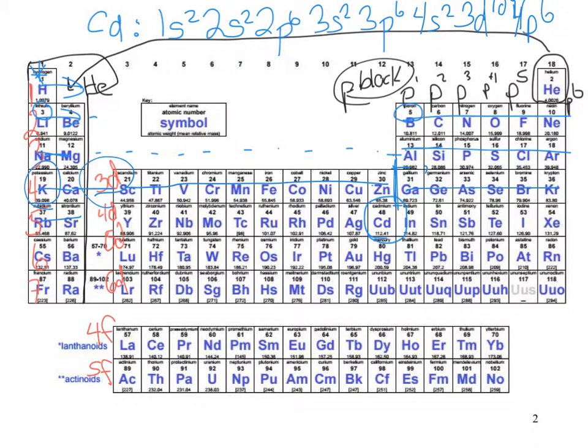Next thing is, and now I'm running out of room, 5s2, and then I keep going into the 4d, and I need to get all the way to the end, so I get 4d10. All right, and that's my configuration for cadmium.